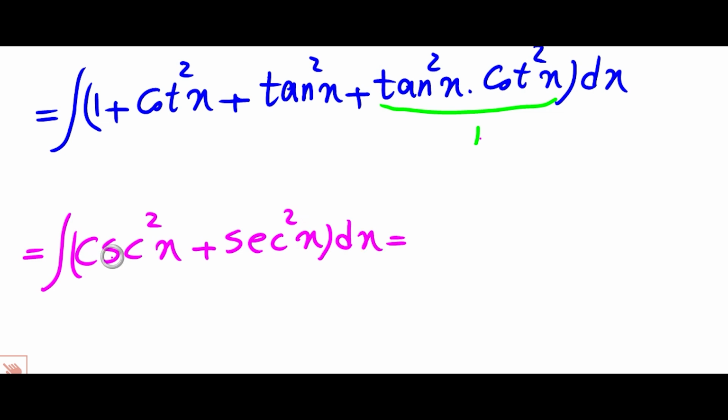And as you know, the integral of cosecant squared x equals negative cotangent x, and the integral of secant squared x equals tangent x, plus c. It's very, very important.